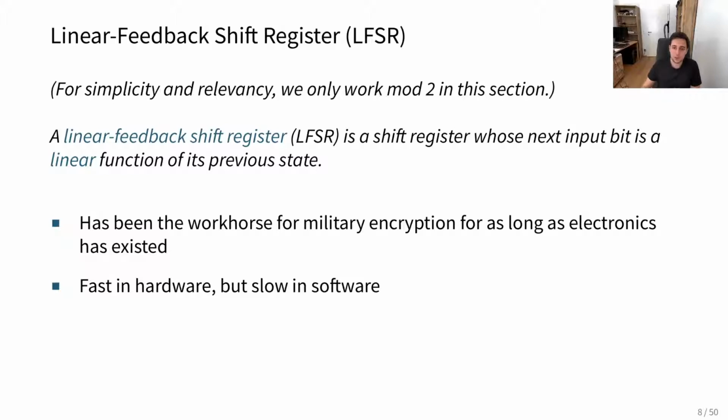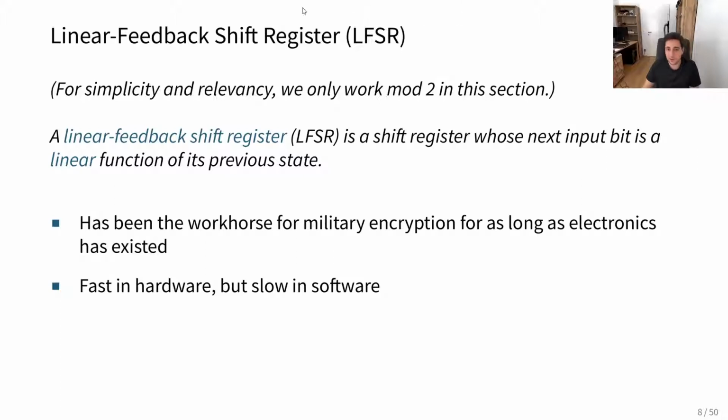We only work mod 2 in this section because it's not necessary to work with something different. Basically, what we have is a shift register. I will have a sketch later. It's a shift register whose next input bit is a linear function of the current, or previous, state.